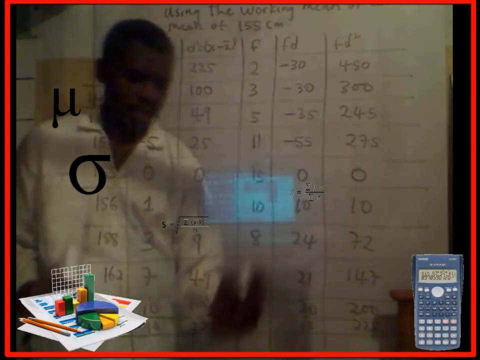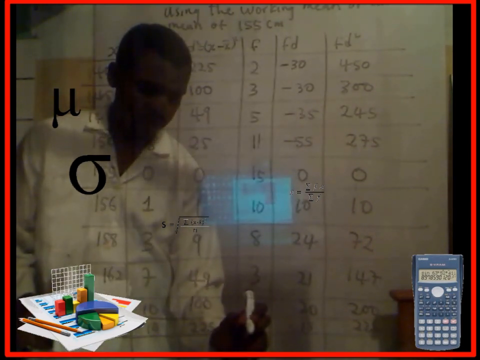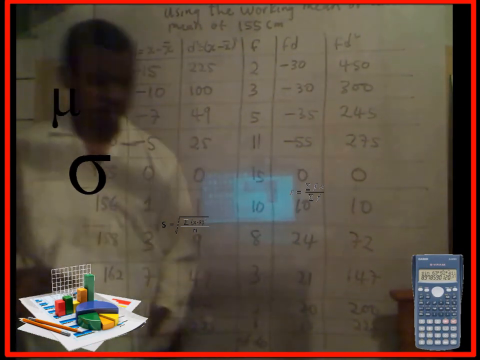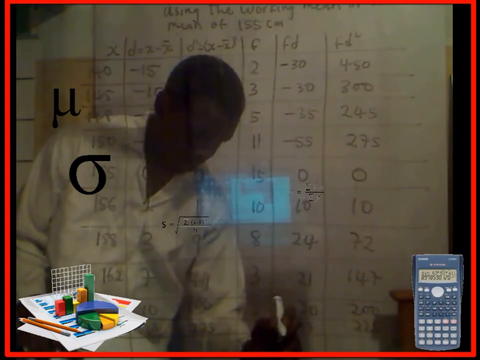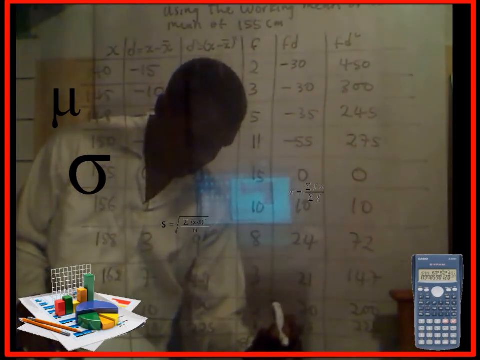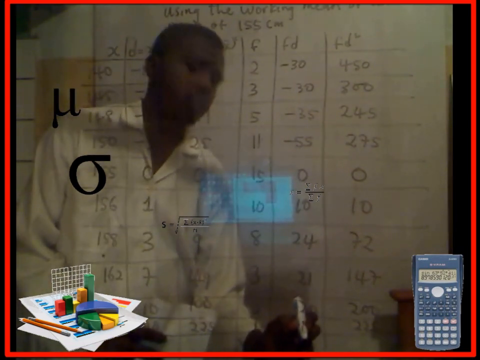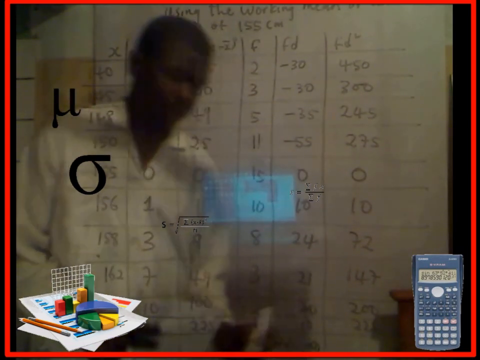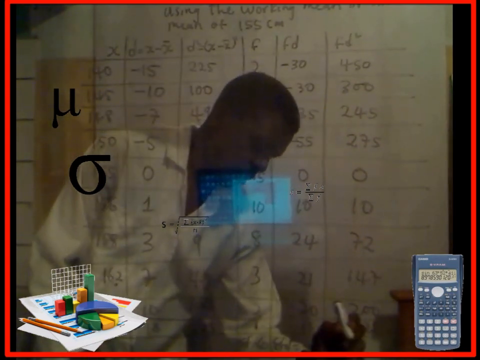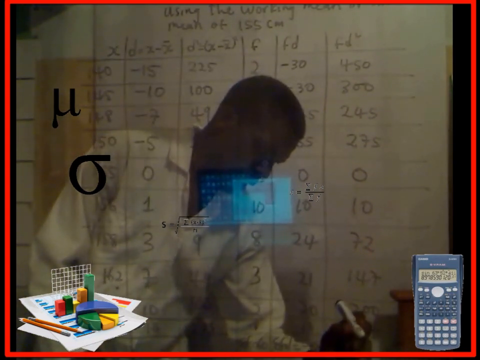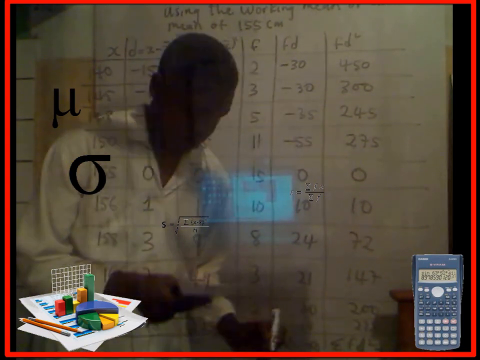So now, what do I see here? I have the sum of the frequency is equal to 60. I have here the sum of the product between F and D is equal to minus 60, and the sum of the product between frequency and deviation square is equal to 1924.